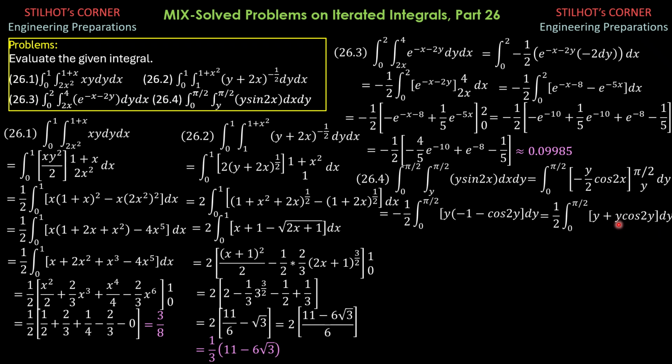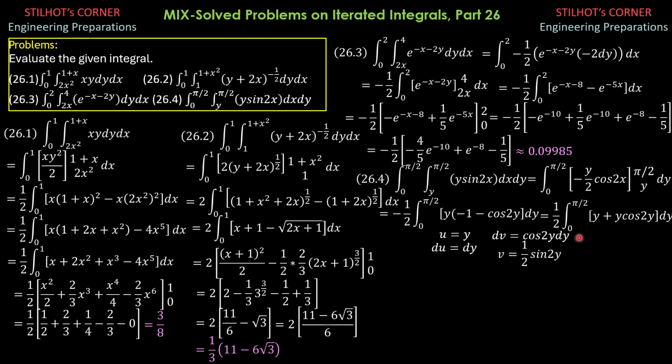So let's focus on y cosine 2y dy. Let u be y, so the differential of u is dy. dv is cosine 2y dy, and the integral of that is 1/2 sine of 2y. Applying integration by parts, that's uv minus the integral of v du.